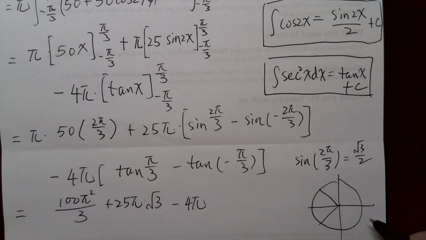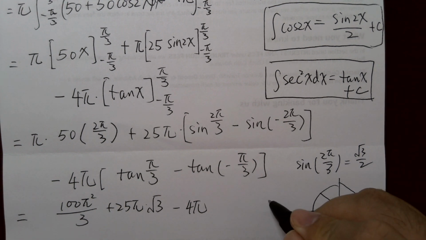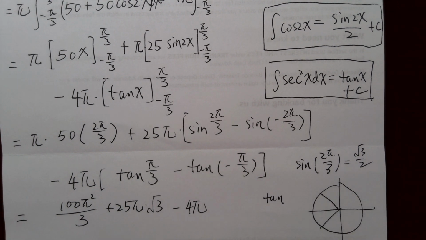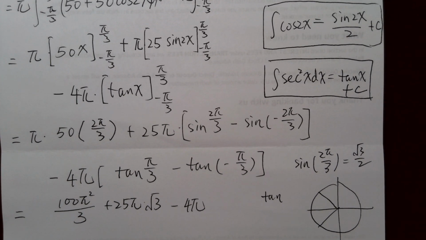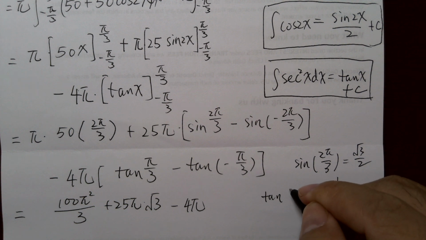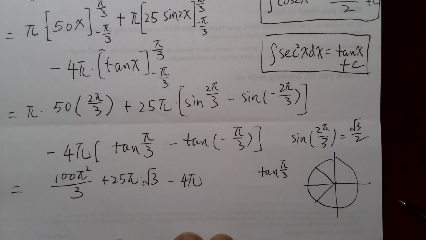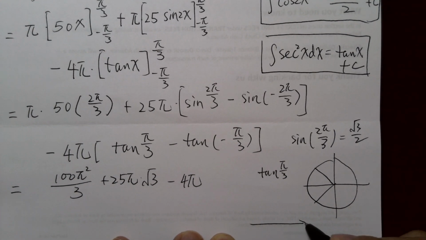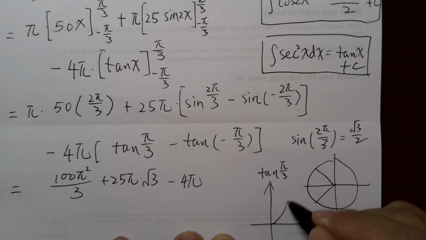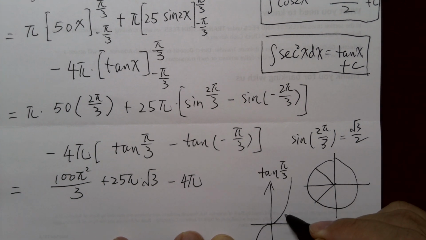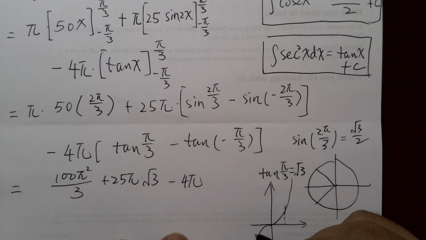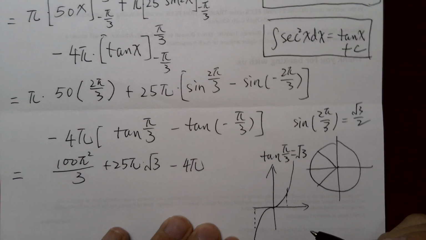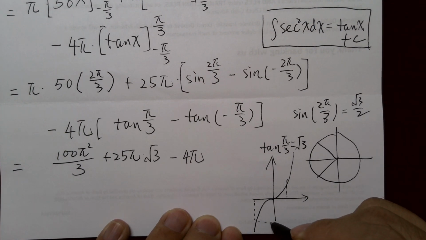Because of the graph of the tan function, pi over 3 gives square root of 3, while negative pi over 3 gives negative square root of 3.